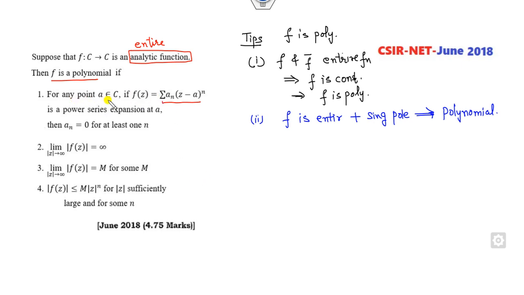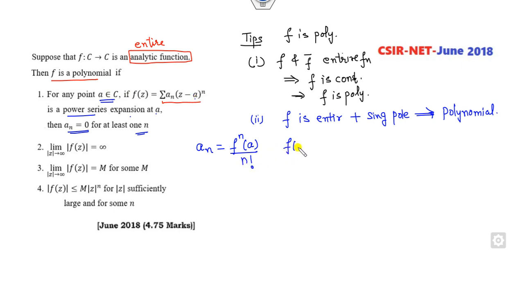Look at that. For any a belonging to C, in this power series expansion, a_n is 0 for at least one n. It is very simple. What is the relation between a_n and the function? We all know a_n is the nth derivative at the center divided by n factorial.